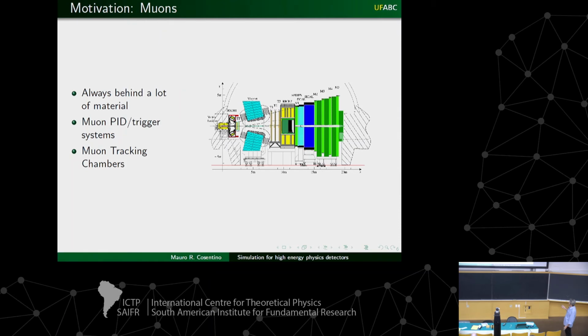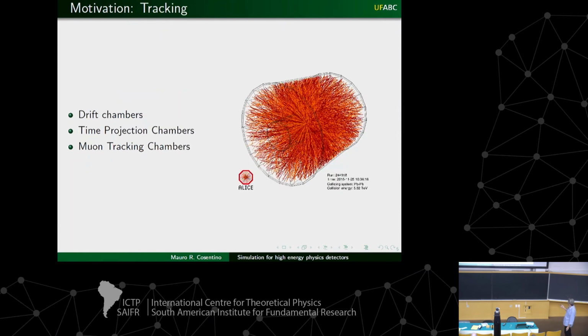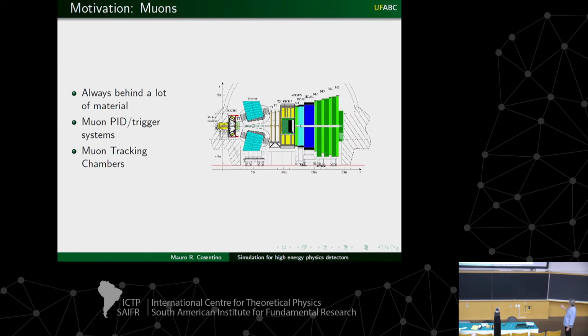And so what is different from here to here is that there is a lot of material in front of the muon detector, right? So most of the hadrons and all the other charged particles will stop before arriving here. The only thing that we expect to go through all this material are the muons.